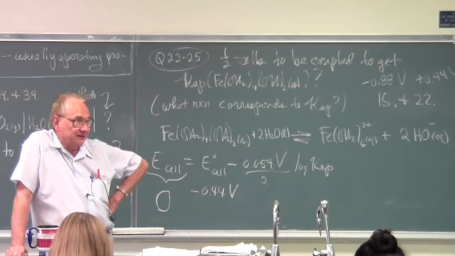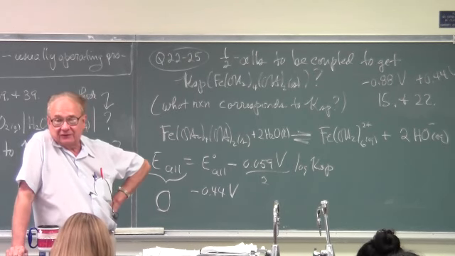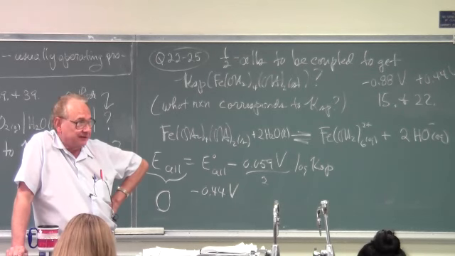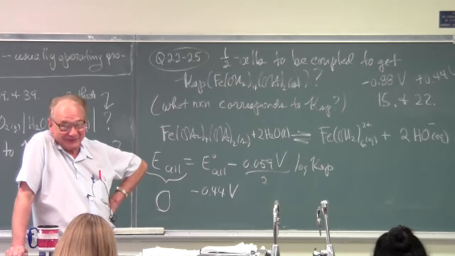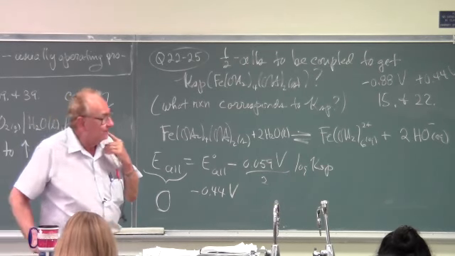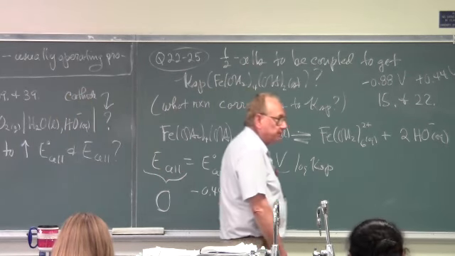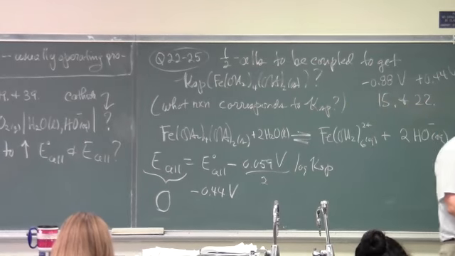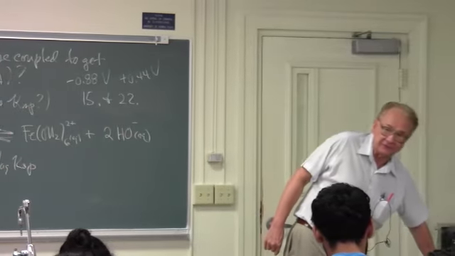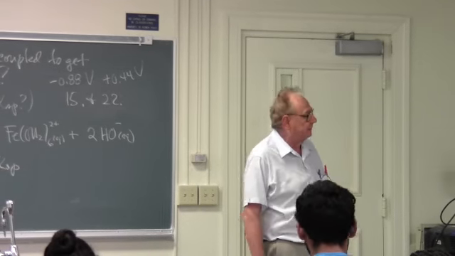It's all based on understanding. Have I said that once or twice this term? 1,000 or 2,000 times? That's where it's at, folks. Okay. KSP's, I think, are written in the notes, sometimes 10 to the minus 15 or something like that.